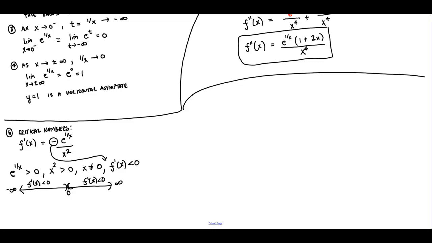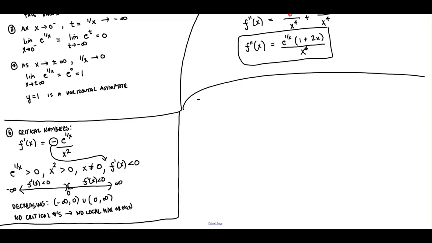So it's going to be decreasing on the following intervals: from negative infinity to 0, and from 0 to infinity. That tells us that we don't have critical numbers, so no critical numbers, which means that we have no local maximum or minimum values.